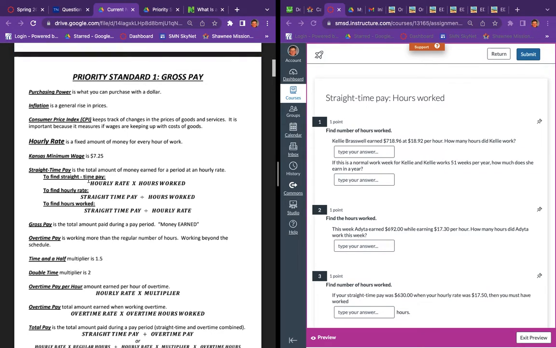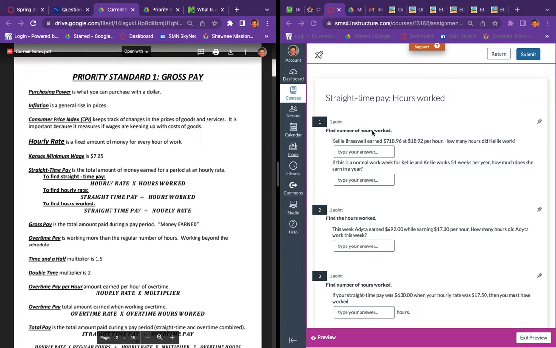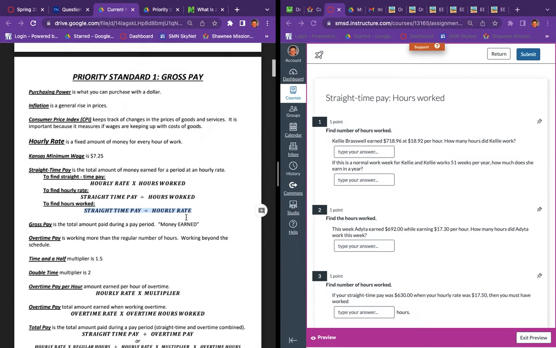One is to find straight time pay, one is to find the hourly rate, and one is to find the hours worked. And we are looking for finding the number of hours worked. So we are going to use this strategy right here, and we are going to take the pay and divide it by the rate. So the straight time pay divided by the hourly rate.